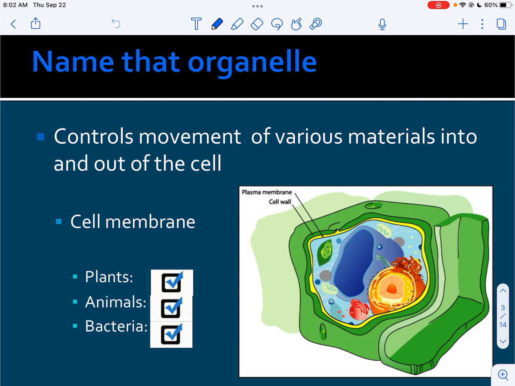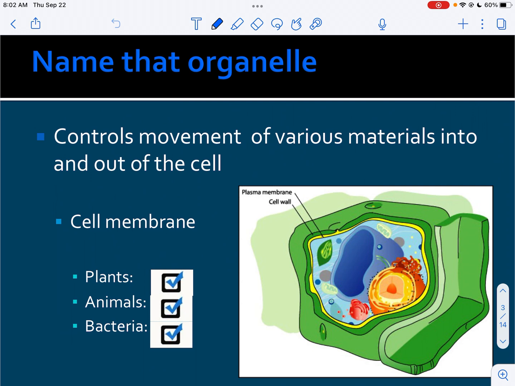If you're a selective mate, do you date everybody? No, you're selective, right? So the cell membrane is selectively permeable. That means it's going to let some things in and some things out, but not everything. Every single cell type, plants, animals, bacteria, has a cell membrane.